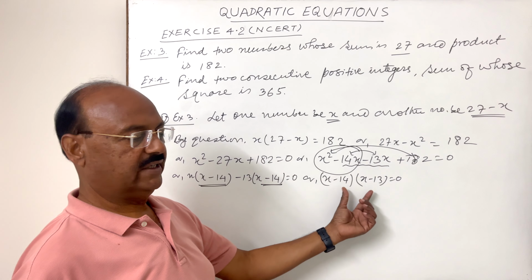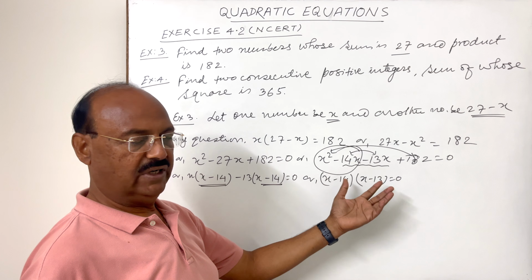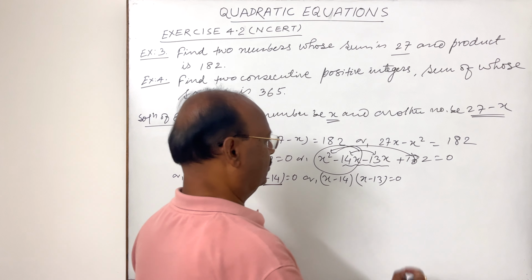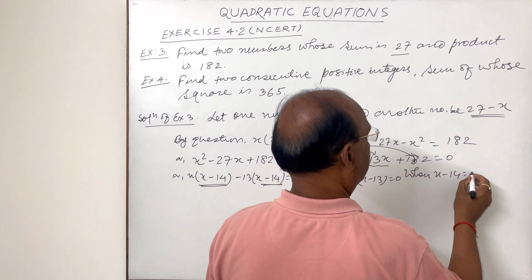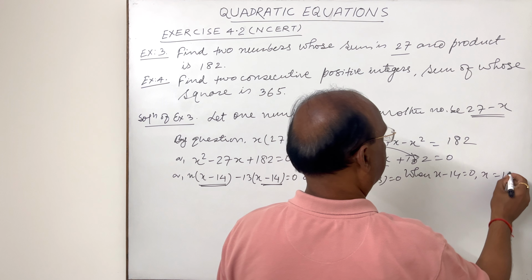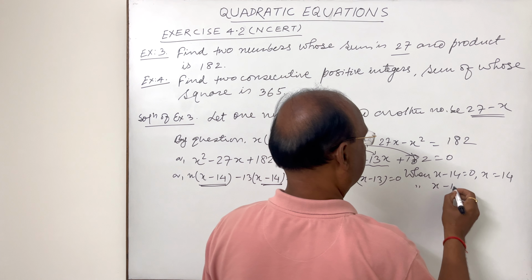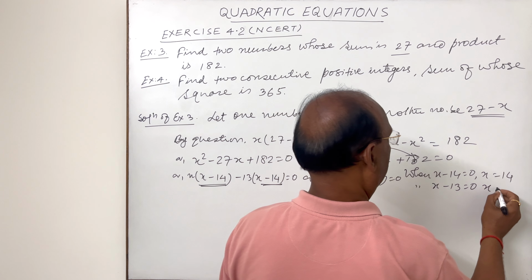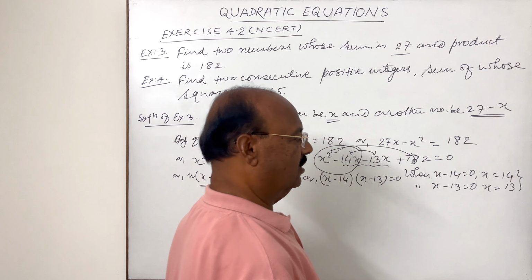The product of these two factors is 0. It means both or any one may be 0. So when x minus 14 is equal to 0, we get x is equal to 14. And when x minus 13 is equal to 0, we get x is equal to 13. These are two values of x.